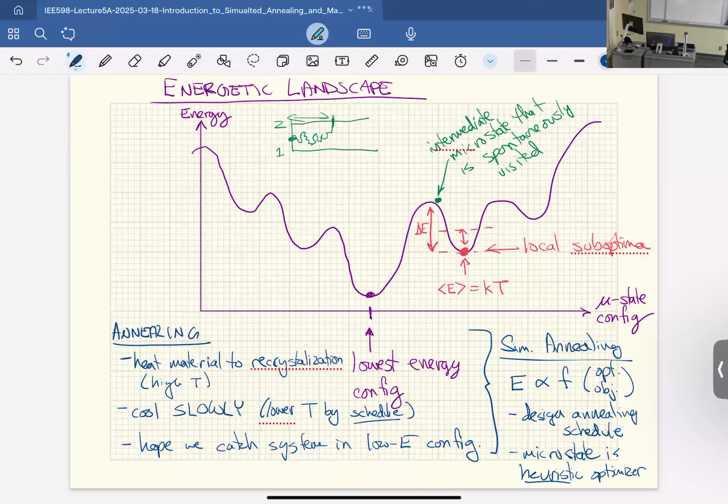Remember, I said in your chair you've got a gazillion different molecules that each can be in different energy levels, different momenta, different positions. Now imagine that each one of those molecules is a decision variable, and each decision variable can be in different states, just like each molecule. That's what I mean by our microstate configuration.